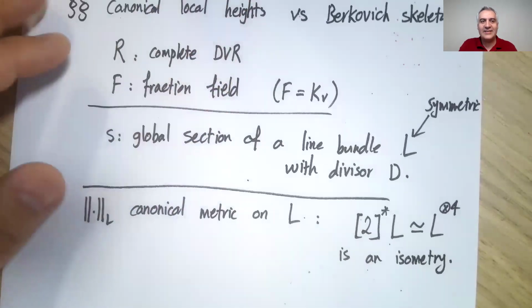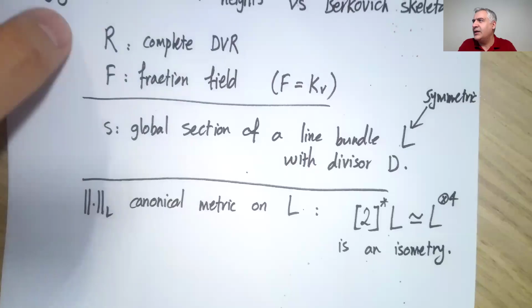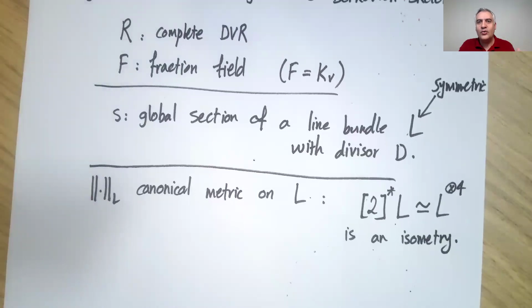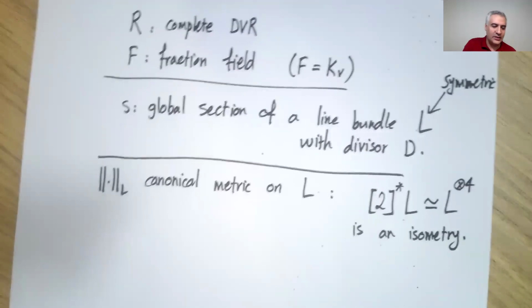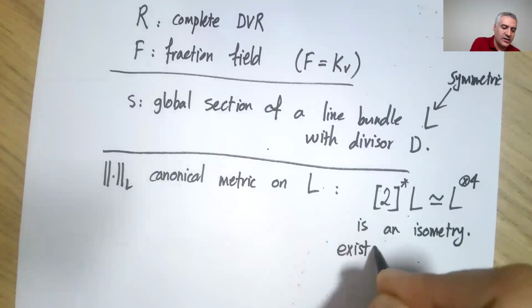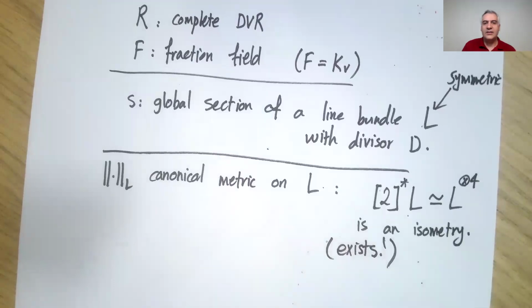and then you can work hard to say that this wish can be realized. In fact, Gubler and Shokrieh and others have shown that such a metric exists. This is not super trivial, but it's been worked out by people like Gubler and Zhang. I don't remember, I'm sorry, the talk is being recorded, I don't remember the exact history, but this is certainly a known fact worked out by good mathematicians.